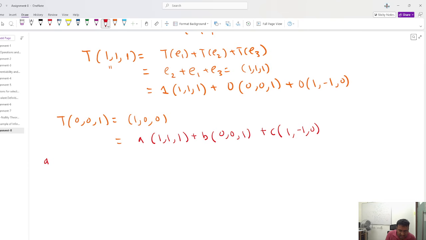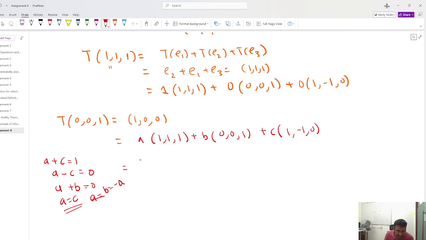So what you will get is A plus C equal to 1, A minus C equal to 0, and A plus B equal to 0. So A is equal to C, and B is equal to minus A.